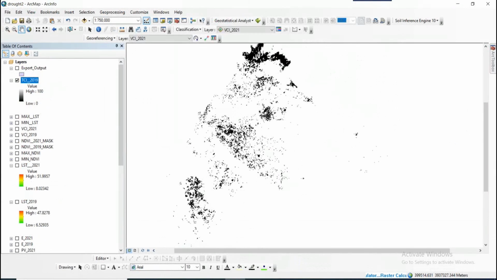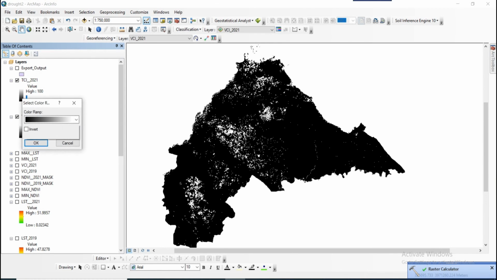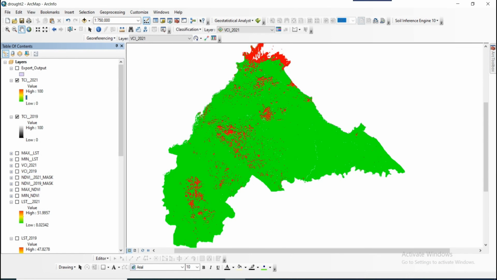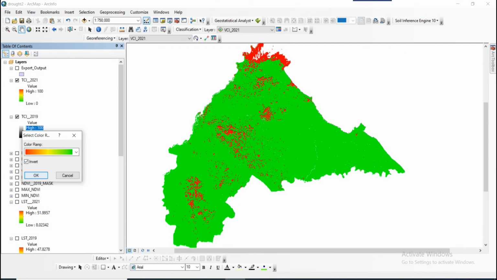Okay. So this is the TCI, temperature condition index, for these 2 years. And if you notice, there are huge differences between these 2 years. So now TCI is ready for use.